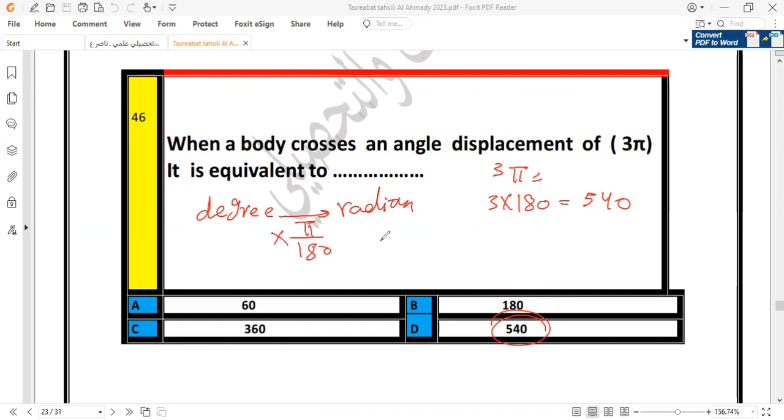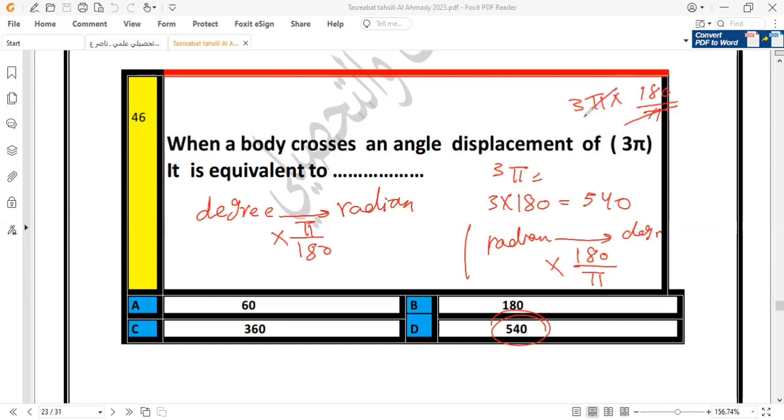And vice versa, to convert from radians to degrees, multiply by 180 over pi. So 3 pi multiplied by 180 over pi is 3 times 180, which equals 540.